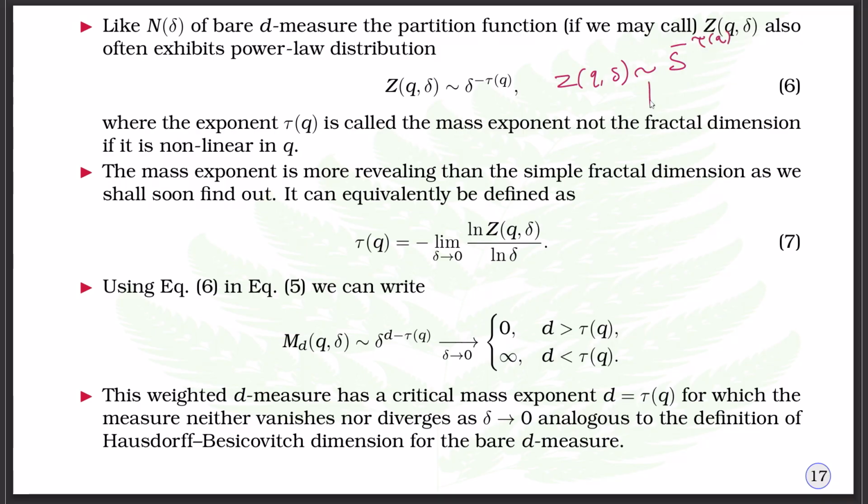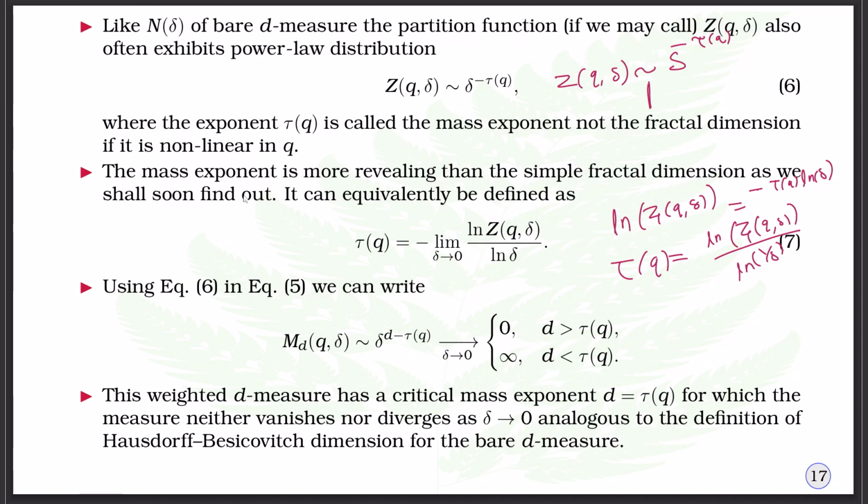By applying the logarithm, ln Z(q, δ) equals minus τ(q) times ln δ. So τ(q) can be obtained as ln of the partition function Z(q, δ) over ln of 1 by δ. The minus goes to the power, and it becomes 1 by δ.